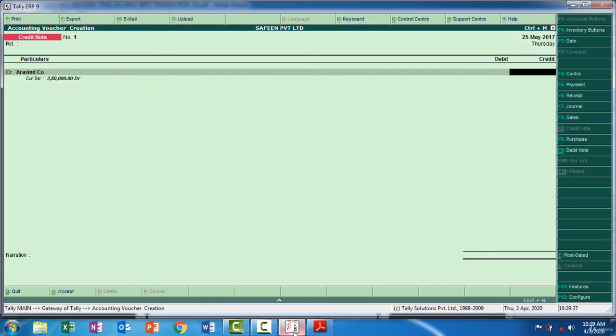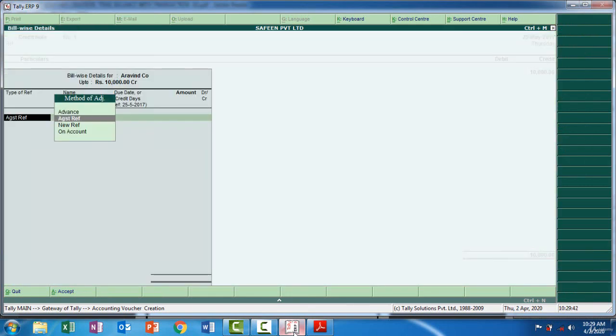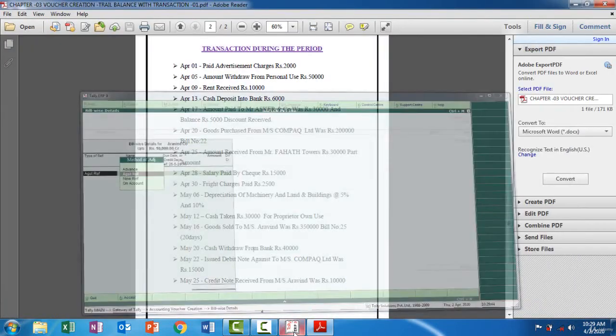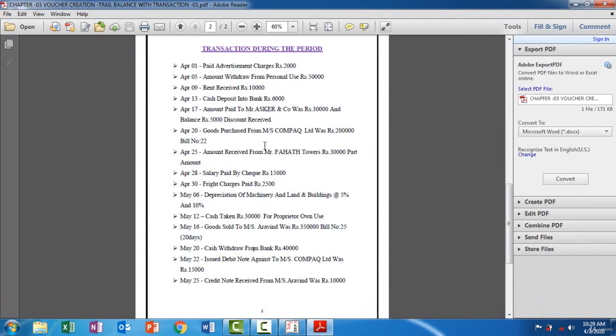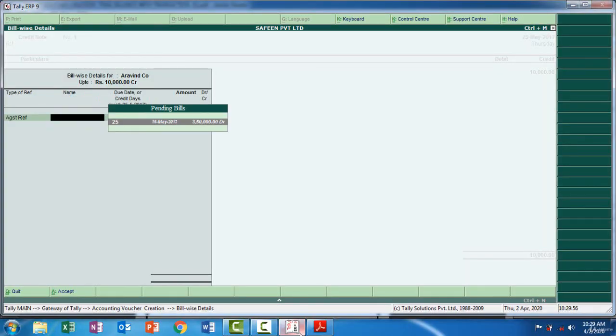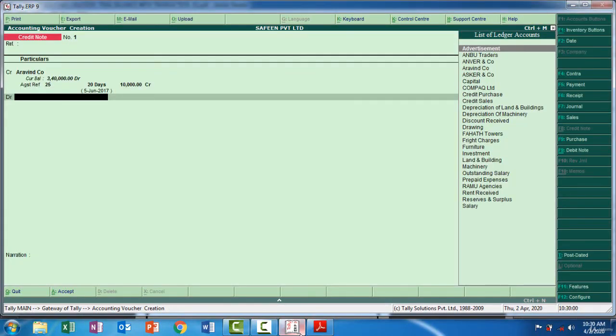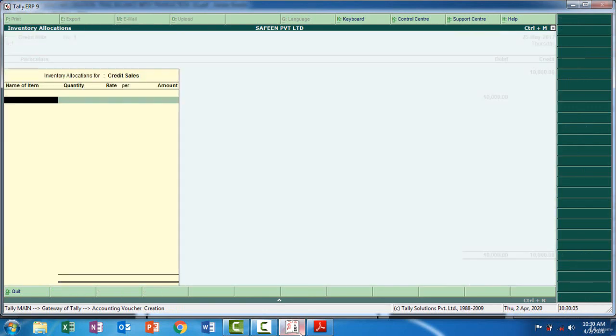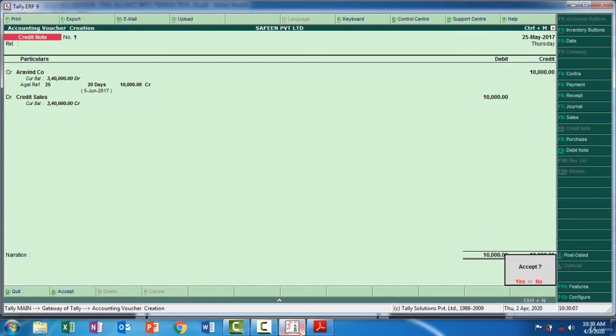How much? 10,000 against reference. You know that we sold to Aravind company 350,000, bill number 25. So against bill 25, 10,000, and then debit is credit sales account. Credit sales account debit 10,000.